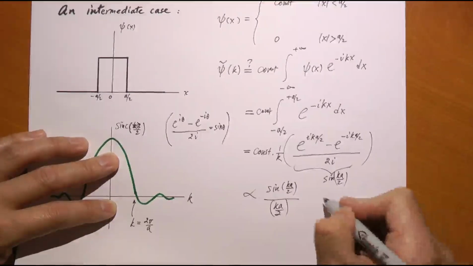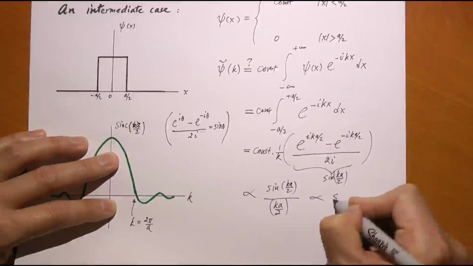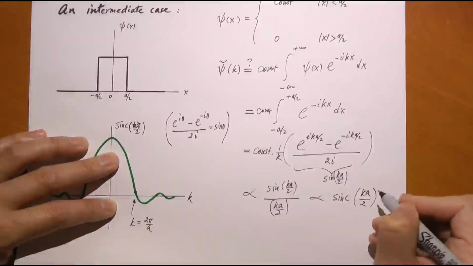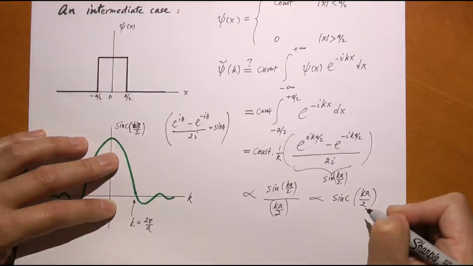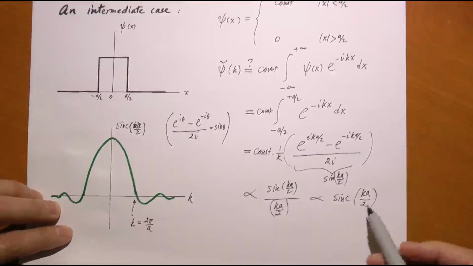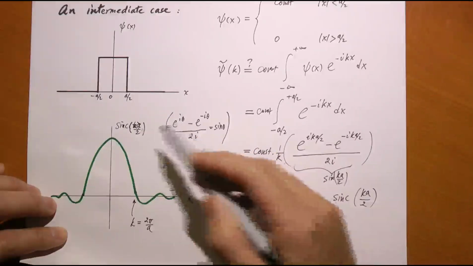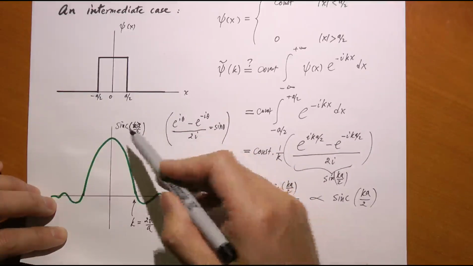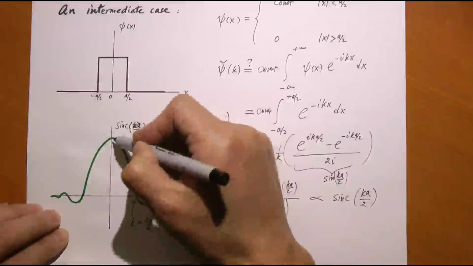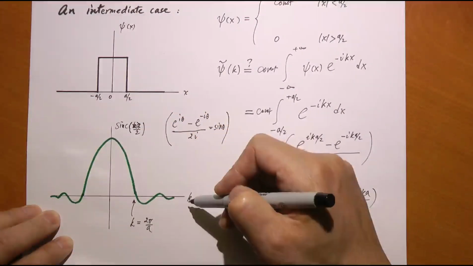This, as you know, is the sinc function, the sinc function of ka over 2. So this is the Fourier spectrum for a wave like this. I have a plot here. The argument is k, and the sinc function itself is of ka over 2, so it looks like this. The sinc function has a peak in the middle, and then it gradually dies down.